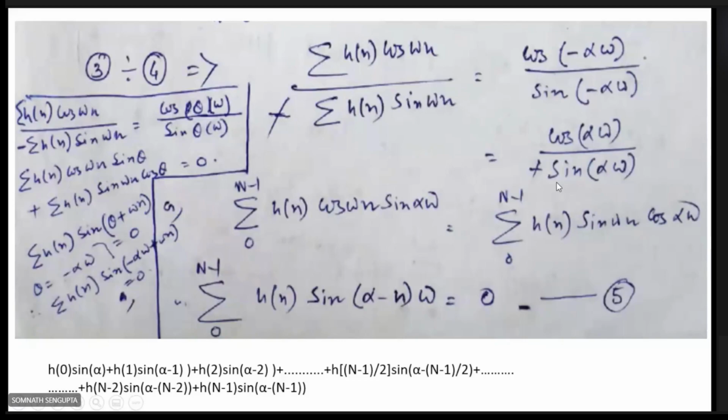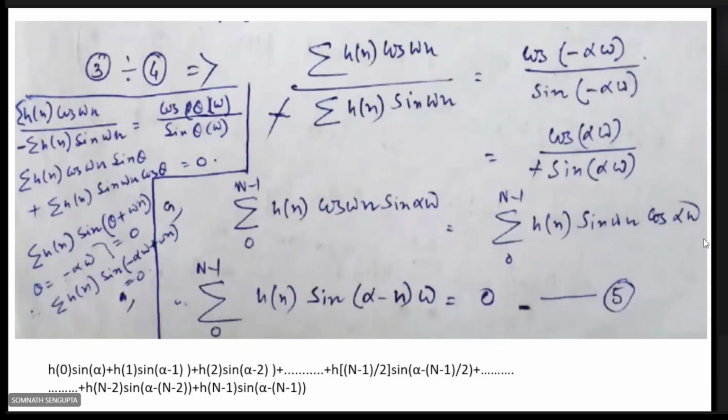Then writing properly, summation h[n] cos omega n sin alpha omega is equal to summation h[n] sin omega n into cos alpha omega. So now they can be written in terms of sine A minus B. Sine of A minus B means cos A sine B minus sine A cos B.